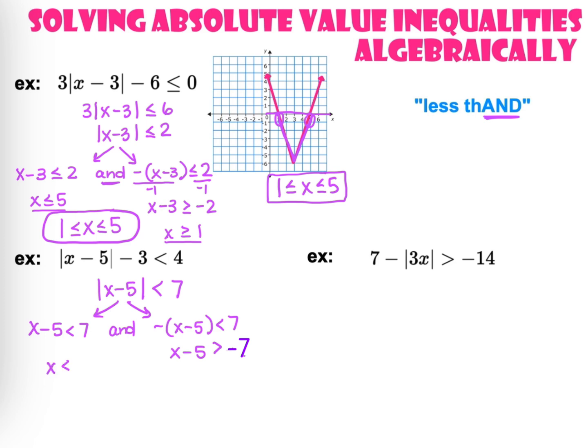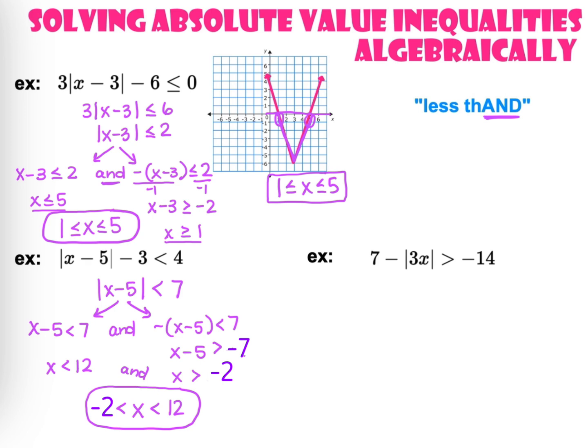Solve both of those. Since this is an "and," I would like you to write it as a single inequality statement. The big number on the right, the small number on the left is the way I prefer. Those signs will always point the same way because that tells us that x is between negative 2 and 12.